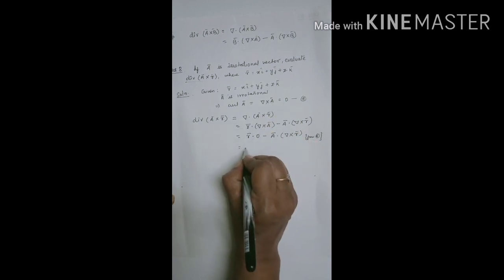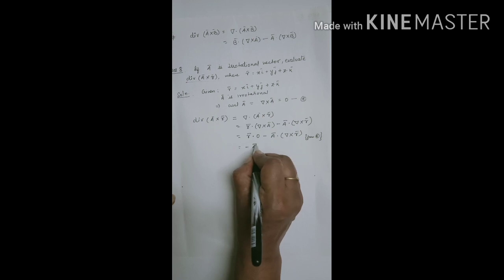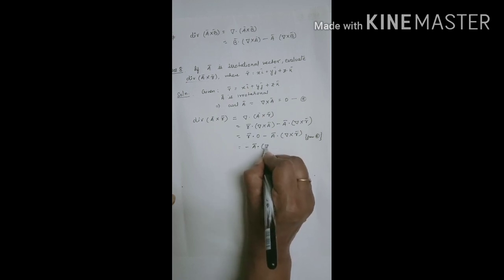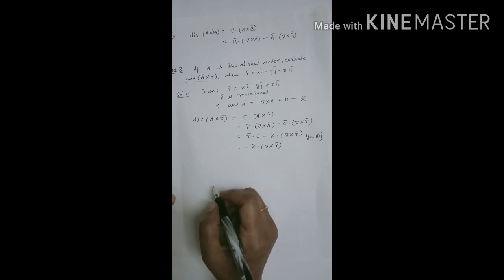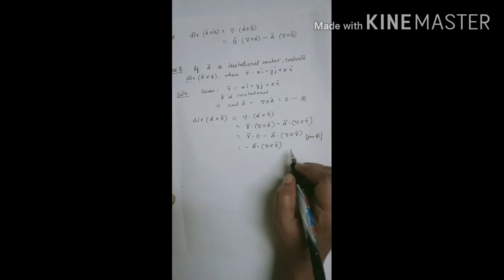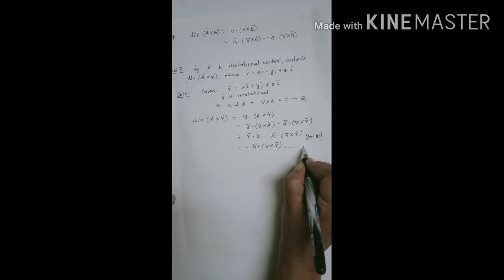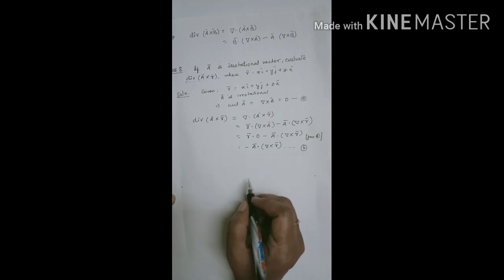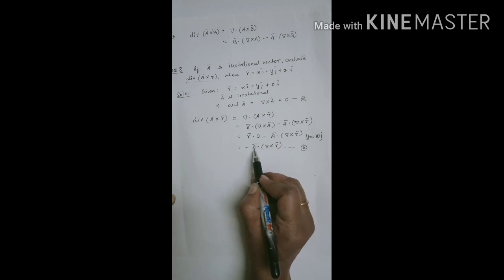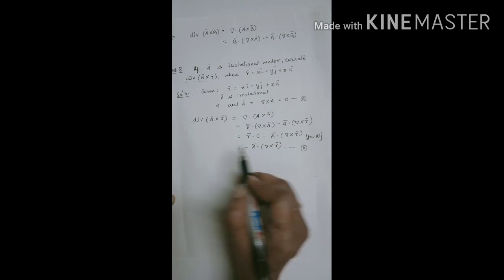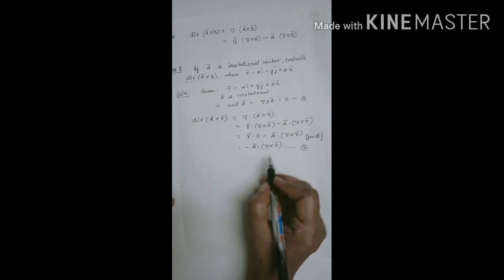So what you have here is minus vector A dot curl of vector R. Let's name this equation B. Now we will evaluate first del cross R, then we will do its dot product with A, as we have done in the last problem.